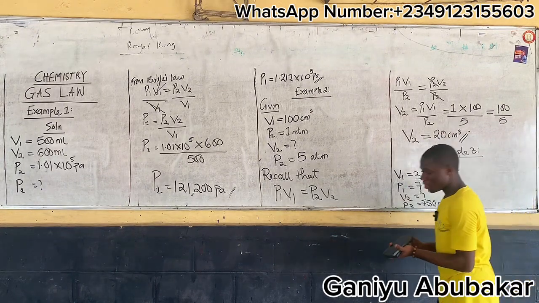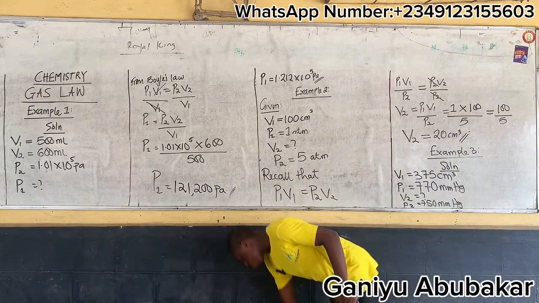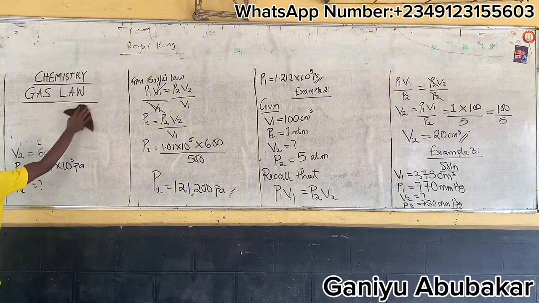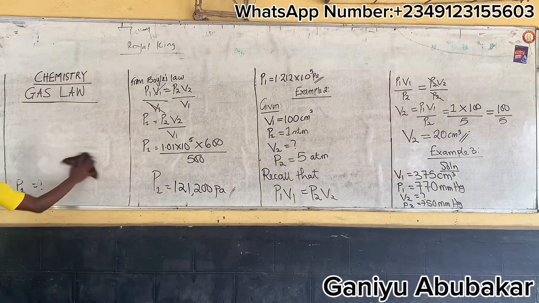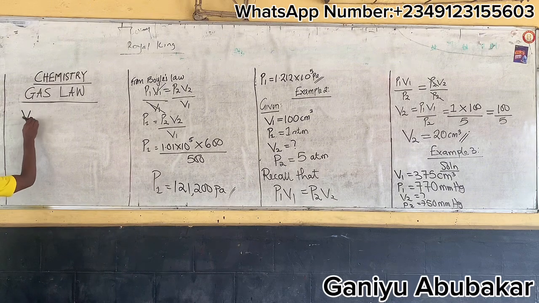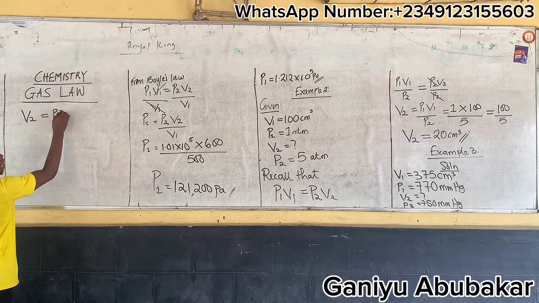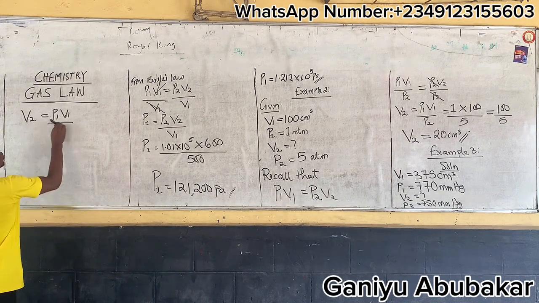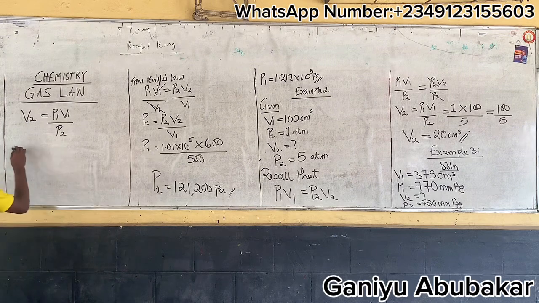So let's proceed. V2 equals P1 V1 over P2. I'll still use that same expression. V2 is P1 V1 over P2.